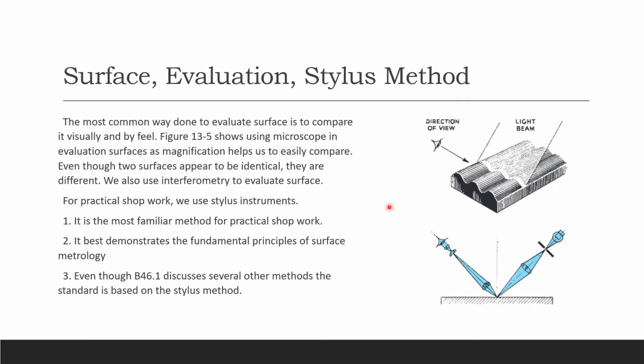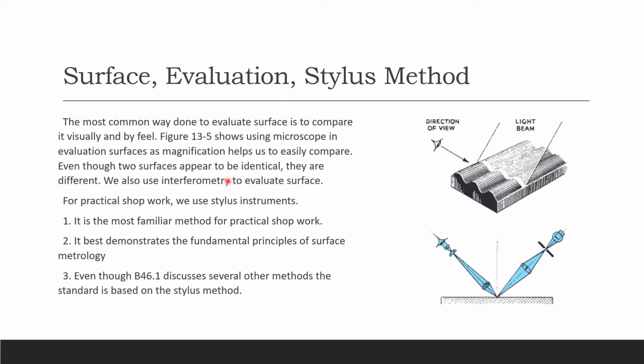Surface evaluation, stylus method. Okay, let's measure the surface. The most common way to evaluate a surface is to compare it visually and feel it. Here we can see in this picture a microscope. We are evaluating the surface using the magnification of that microscope, so we can easily compare surfaces.